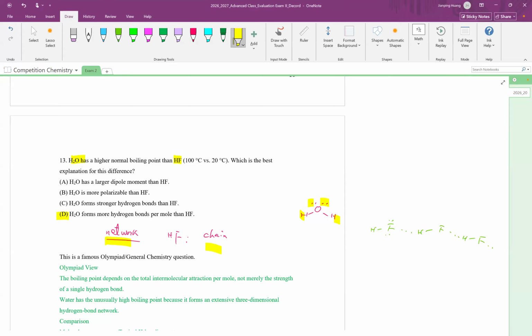This is for the chain. So the choice should be D. I think it's D, right? Yeah, the answer should be D. This is a very easy one.